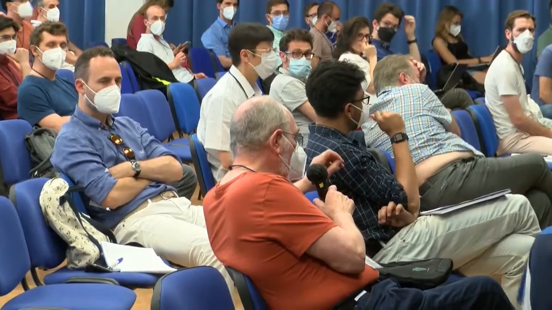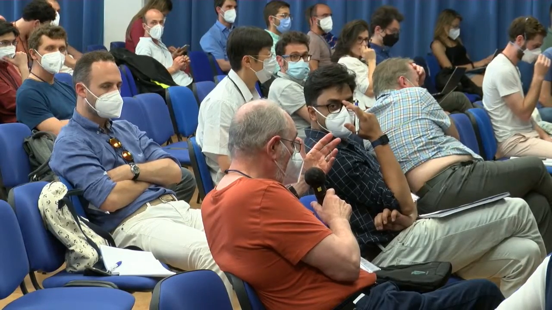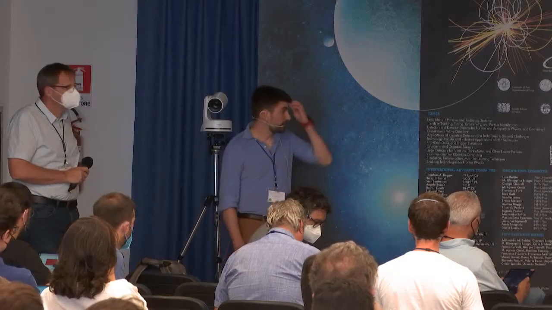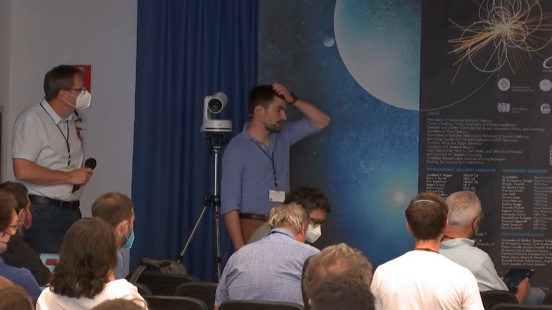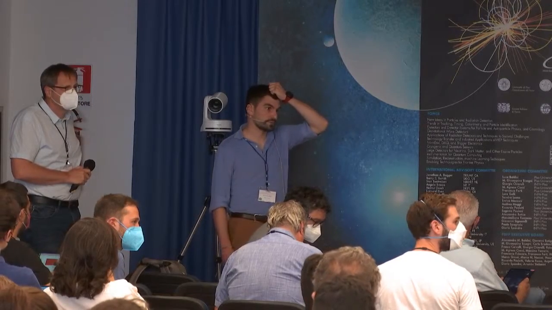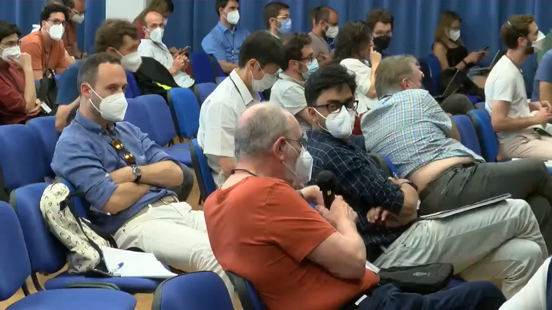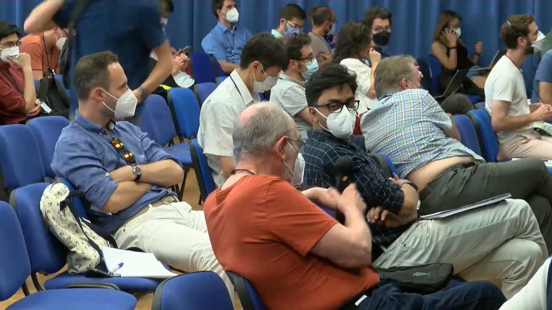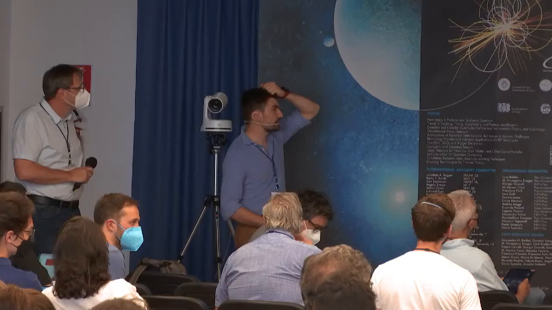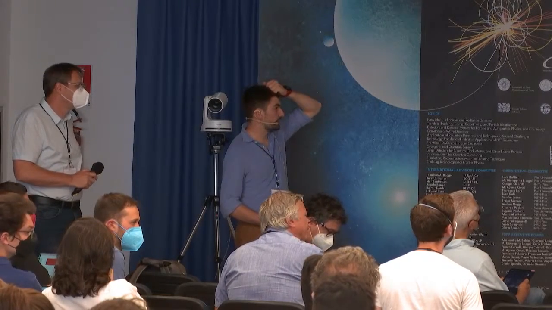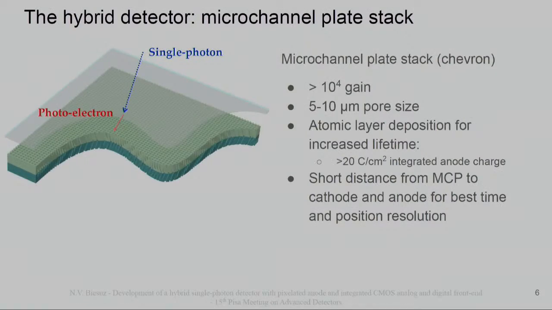Presumably the lifetime of the device in the sense of integrated charge is determined by the microchannel plate? Yeah, basically yes. How many coulombs at the anode before it dies? We have an estimate of 20 coulombs per square centimeter, which is reasonable.